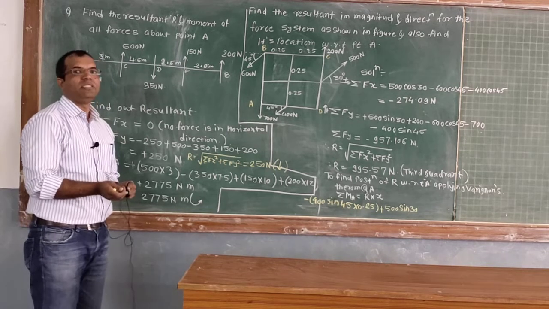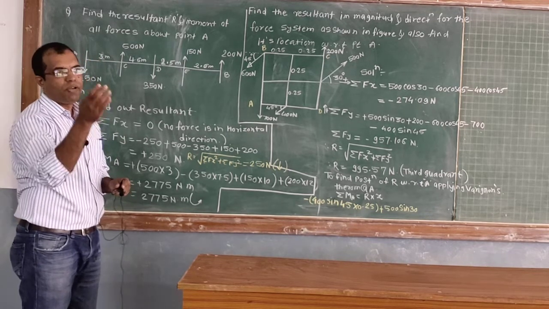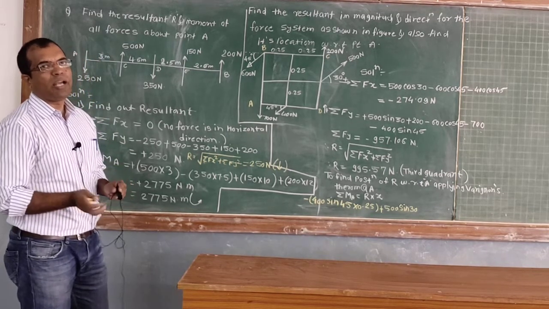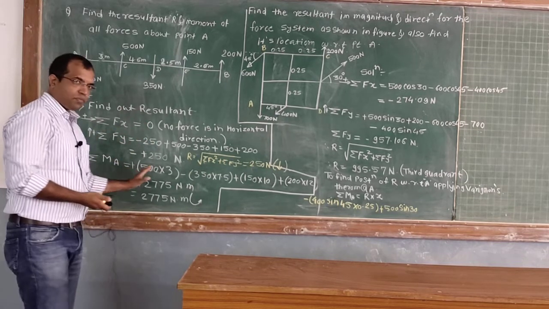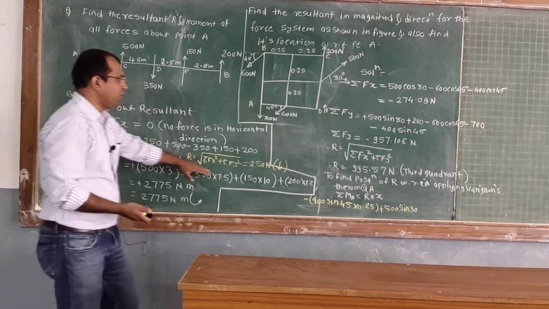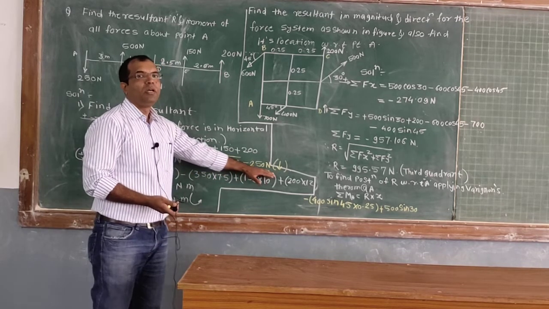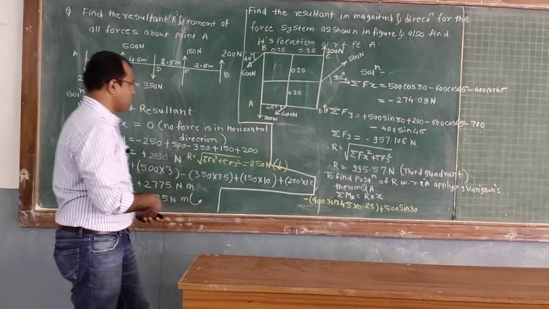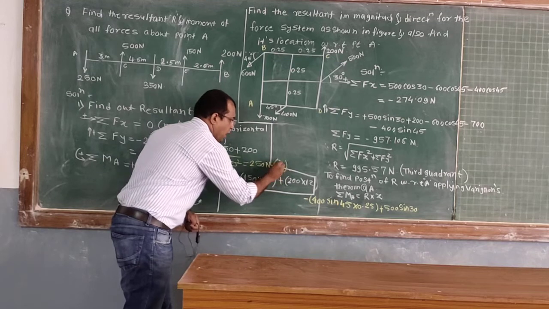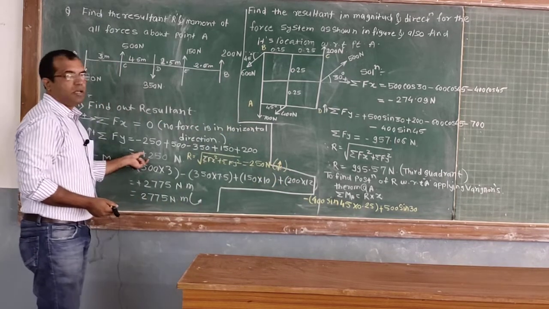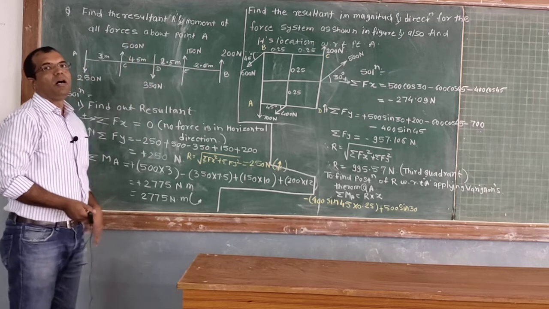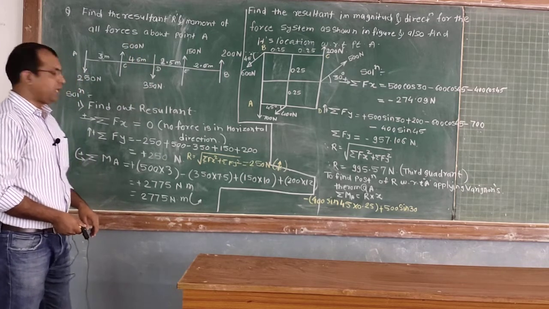If any force is inclined, in that case you have to find its x component and its y component, and then add them. So thus we are able to find the resultant, 250 Newton, and it is vertically upward, because the plus sign indicates that the force is acting in an upward direction.